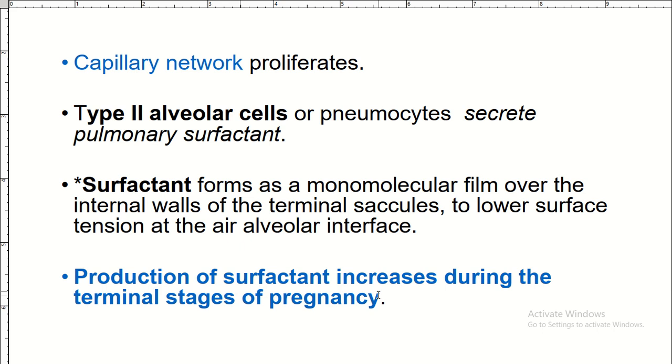So it increases at about 2 months before labor. That's where surfactants start to increase because it is important to initiate labor, and it is important to lower the surface tension of the air alveolar interface, to prevent the collapse of your alveoli.